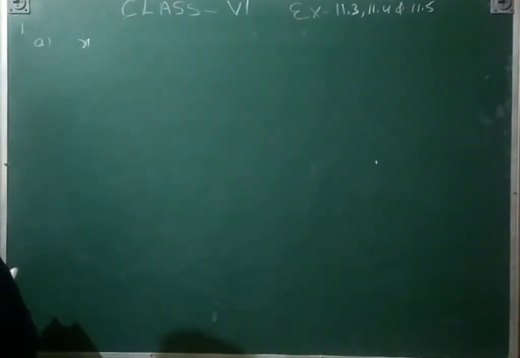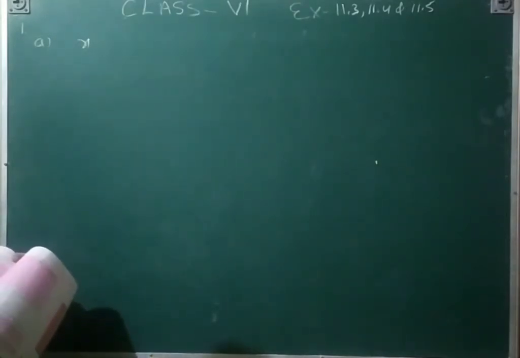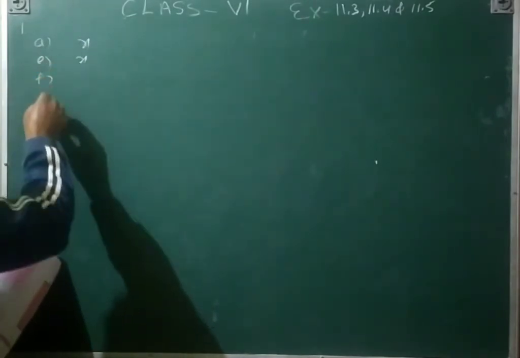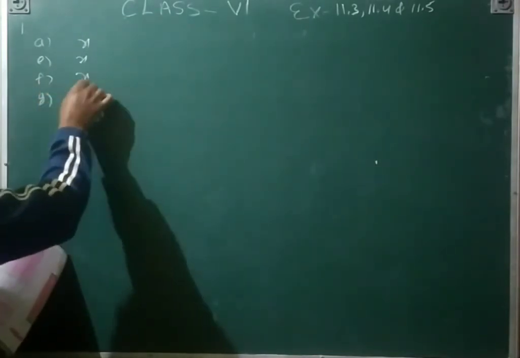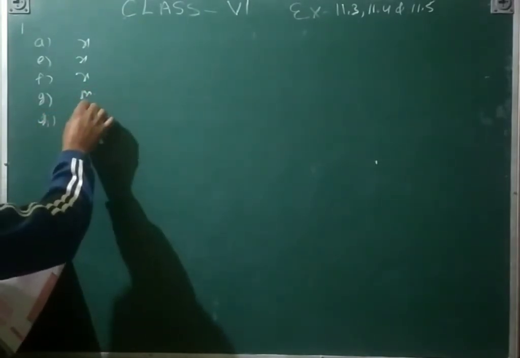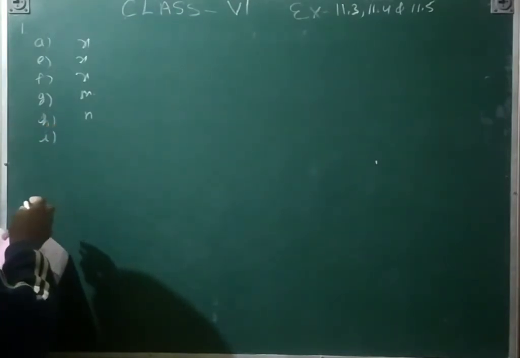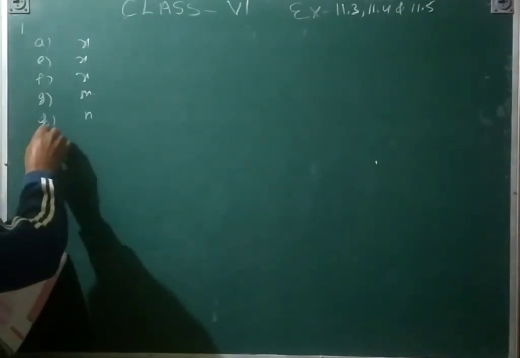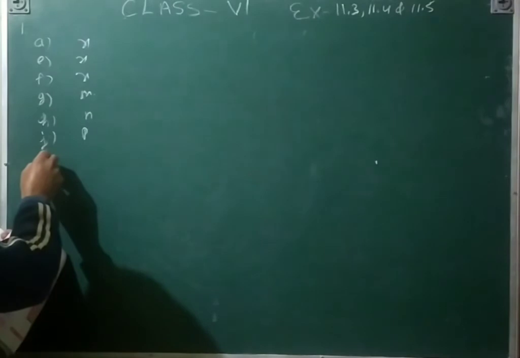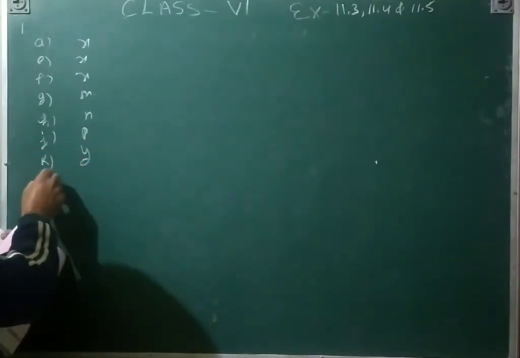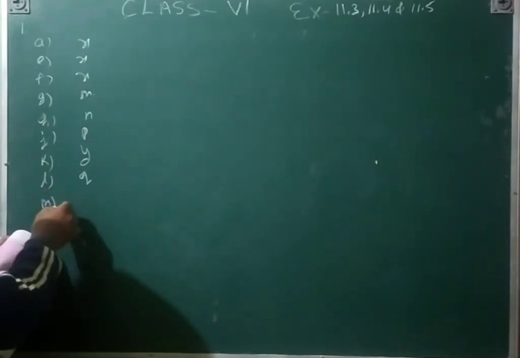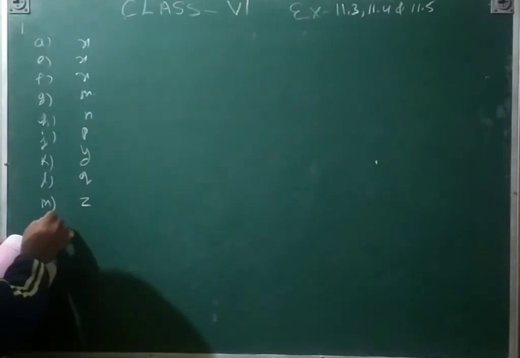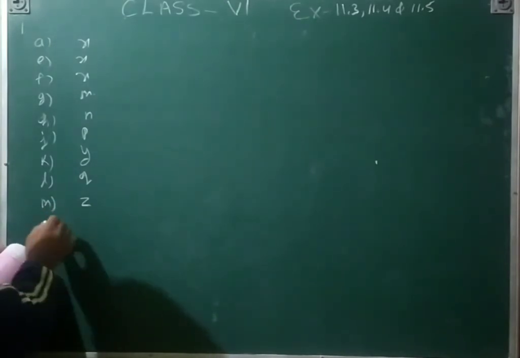For that, variables we will write here only. In the second there is no variable, third there is no variable, fourth also, D also, E has x variable, F has x variable, and then G has m variable, H has n variable, I has no variable, J has p variable, K has y variable, L has q variable, M has no z variable, N has no variable, O has x variable.